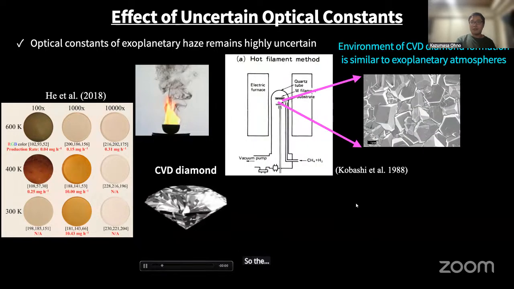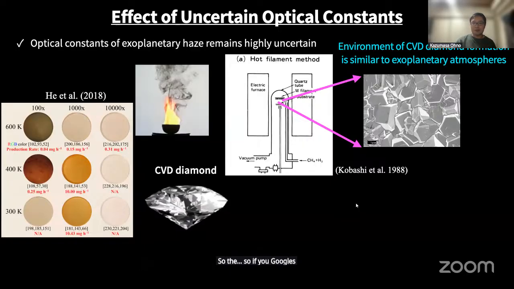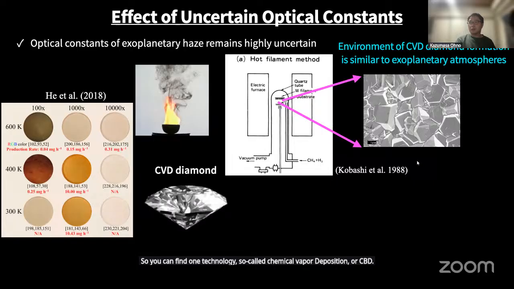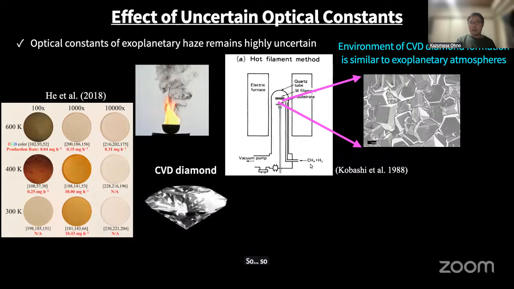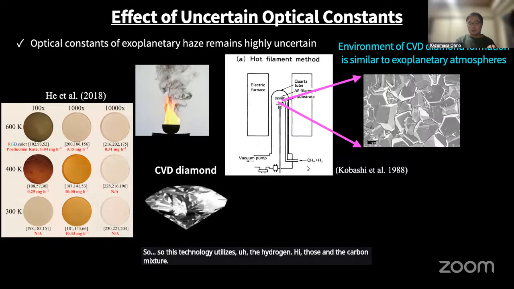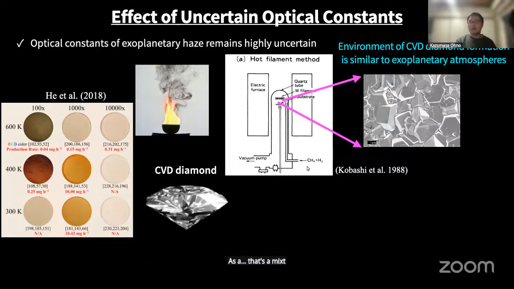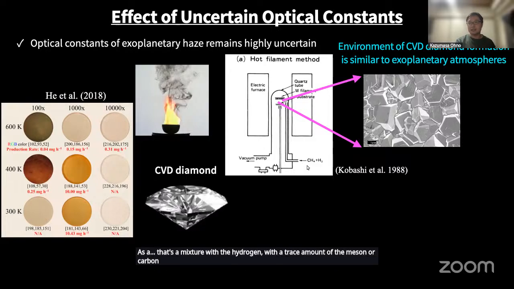If you Google how to produce diamonds under low pressures, you can find one technology called chemical vapor deposition, or CVD. This technology utilizes a gas mixture of hydrogen with a trace amount of methane or carbon-bearing species as the ingredients.